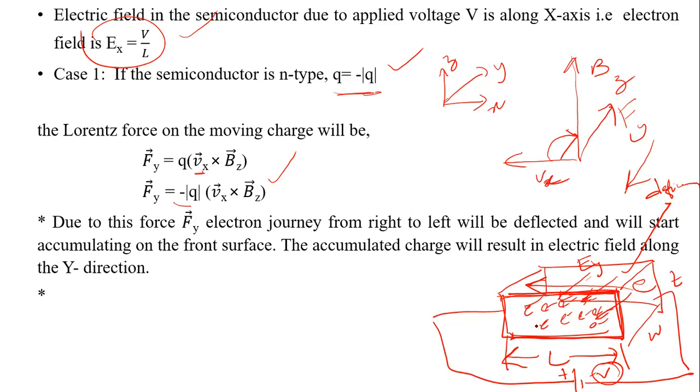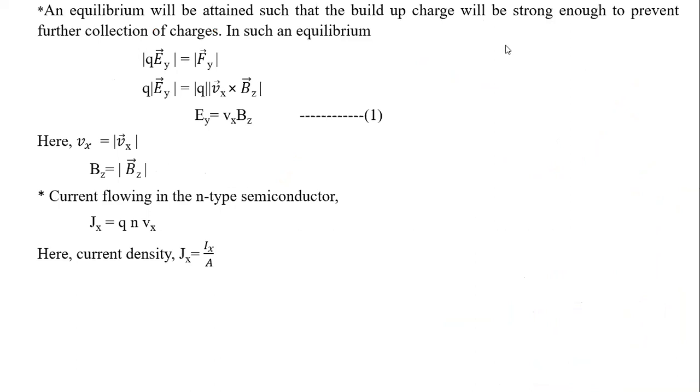Equilibrium in the sense that if the Lorentz force that is forcing the electrons to get deposited on the front surface is equal to the force due to this electric field Ey, then the Lorentz force can no longer make the moving electrons deposit on the front surface. It will be cancelled out by the Hall voltage or the Hall field. So an equilibrium is this condition.